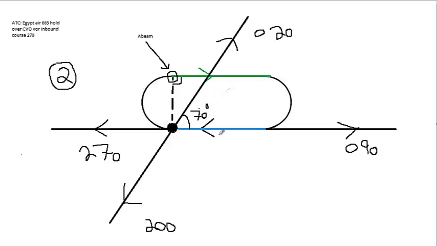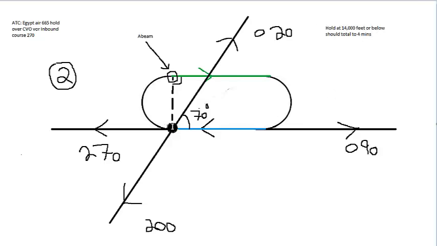Now, if we total this up, a holding below flight level 140, which is 14,000 feet, so a hold at 14,000 feet or below, let me write it down, should total up to 4 minutes. So any hold at 14,000 feet or below, 4 minutes.